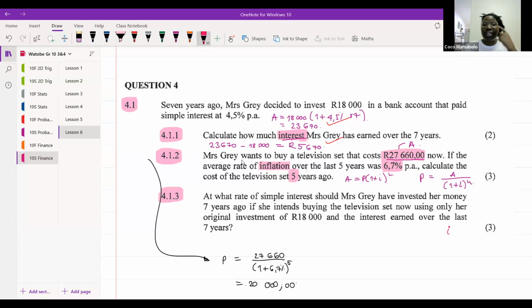But if they want us to find the interest rate, that means they've given us everything else, correct? They should have given us our A value, our P value, our N value, because i is the thing that we're looking for, right? Our P value we already know is going to be 18,000. What is our A value going to be?